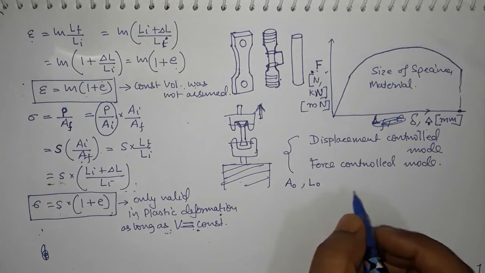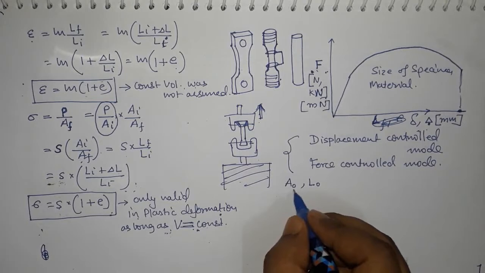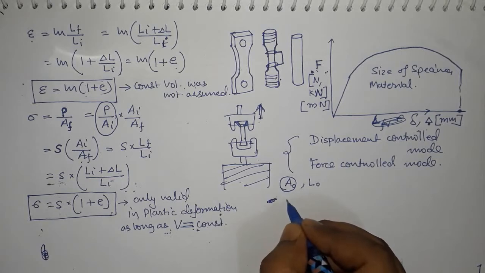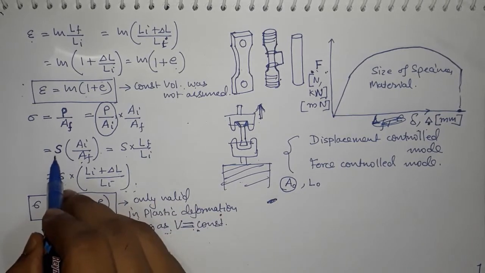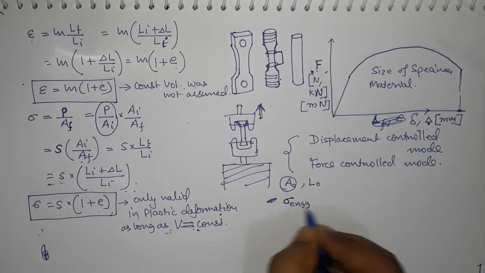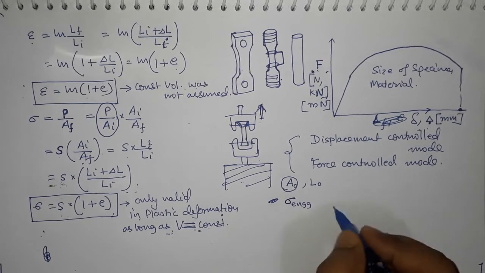Okay, so now you have force values. If you divide force by the initial area, you get the engineering stress. So we have denoted that with S, but we will come back to sigma. Don't get confused, I will write ENGG in the subscript so that we are very sure that this is engineering stress we are talking about.